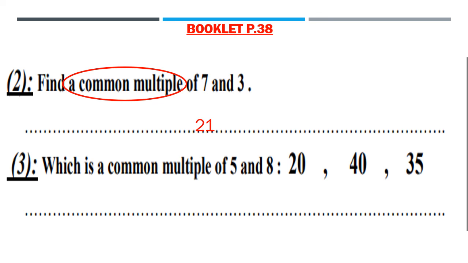Or you can multiply 5 and 8 to get a common multiple between them, and it will be 40. So 40, I can find it in table 5 and in table 8. Or if we skip count by 5 or skip count by 8, we can say 40. So the common multiple here will be 40.